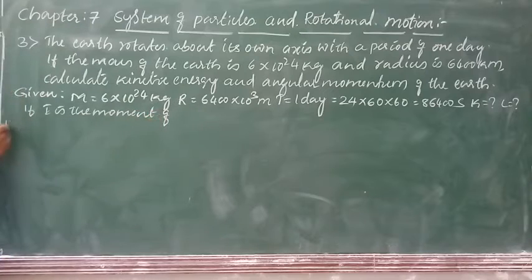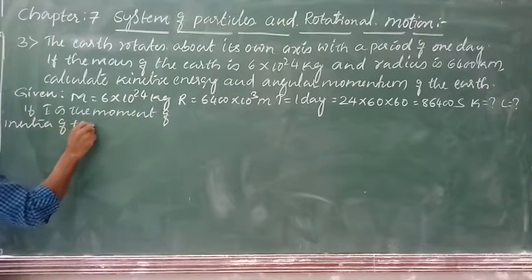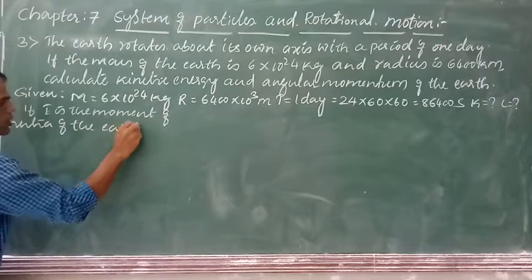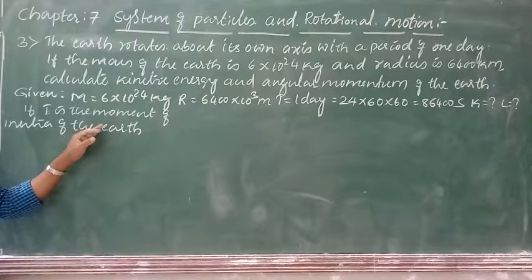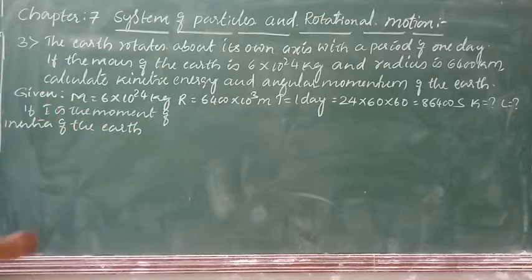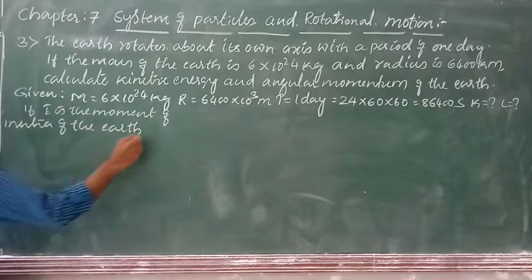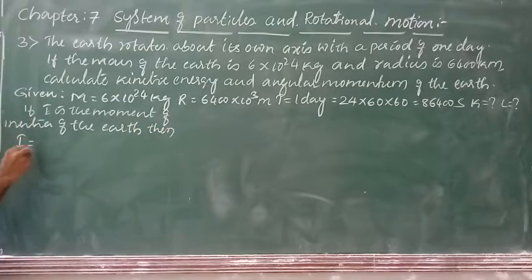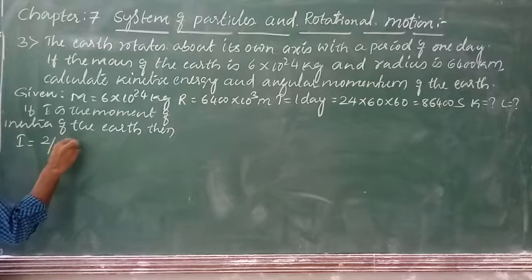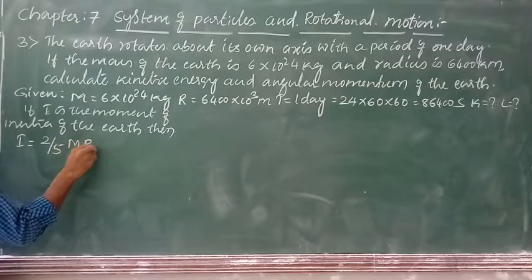Therefore, if I is the moment of inertia of the Earth, as I told, the Earth is assumed to be a sphere of radius r with the axis passing through its center. The moment of inertia of a solid sphere with the axis passing through its geometric center is I = 2/5 m r².